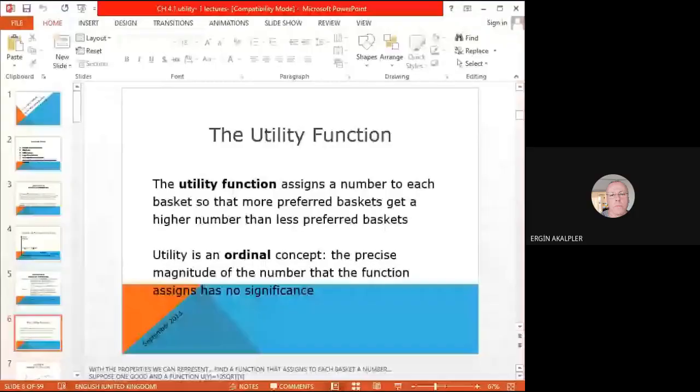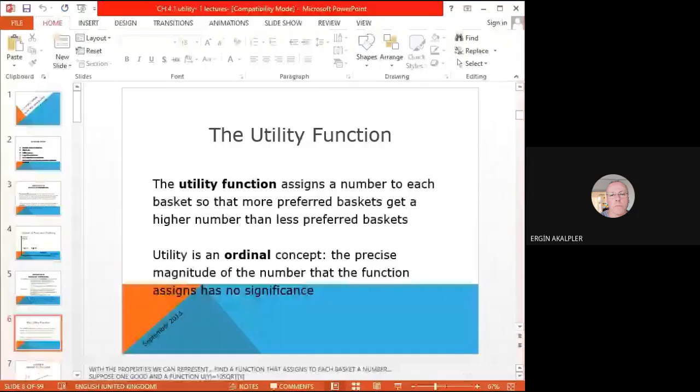The utility function assigns numbers to each basket so that the more preferred basket gets a higher number than the less preferred basket. Therefore, as much as you are enlarging your preferences, this will create the highest preferences for you in a given scenario, depending on your income bundle. And utility is an ordinal concept, as I mentioned to you, not cardinal.